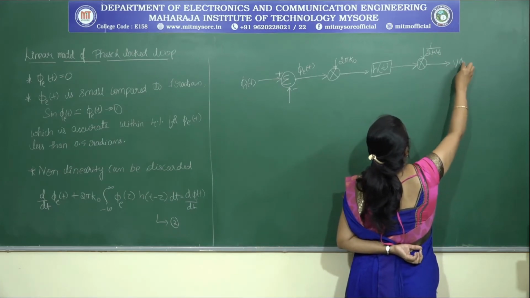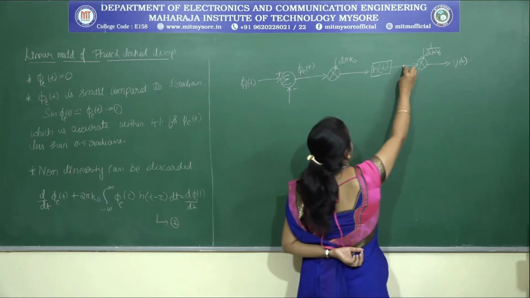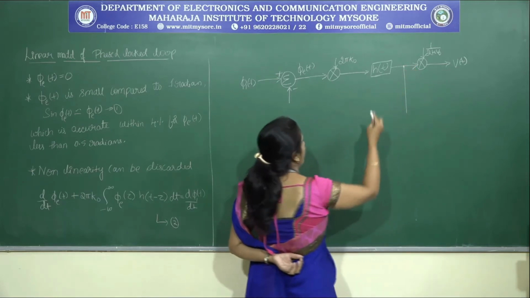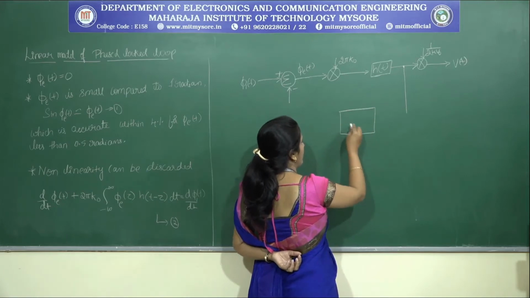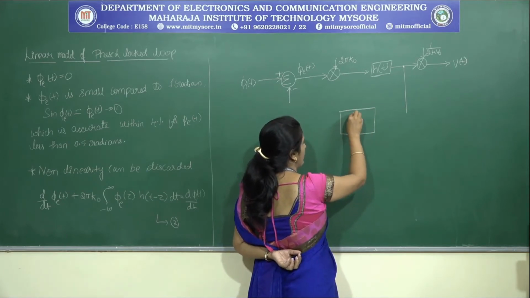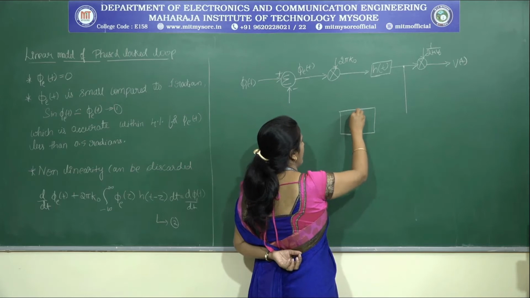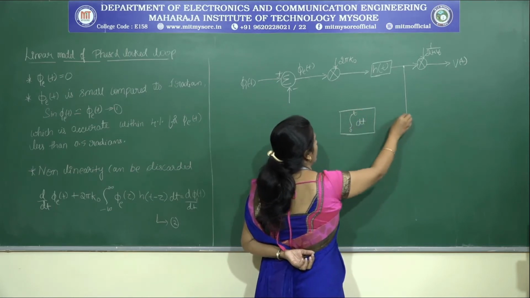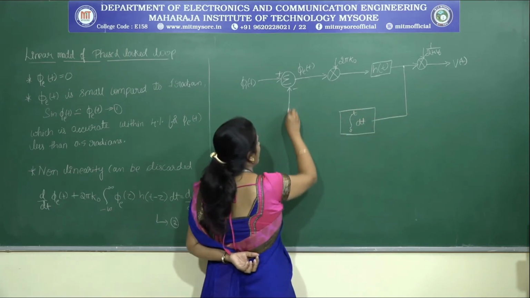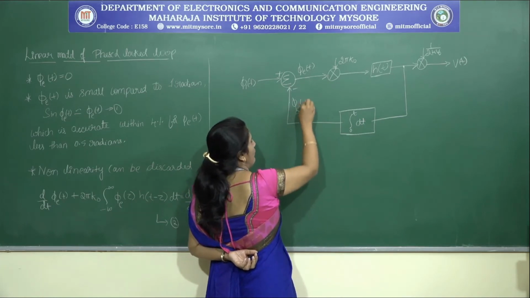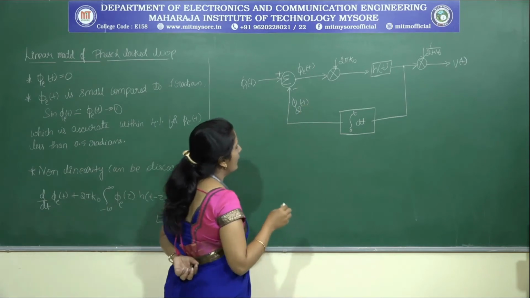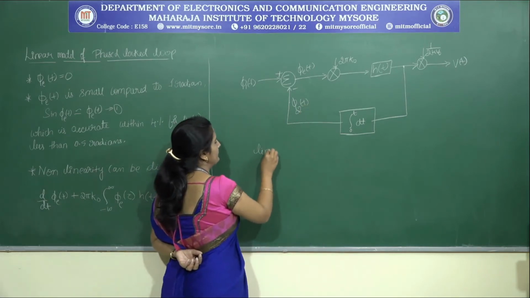Across this we get v of t. The feedback is given to the voltage control oscillator, VCO, that is integrated from 0 to t, and again given to the summation. Here we get phi 2 of t. So what is this model called?